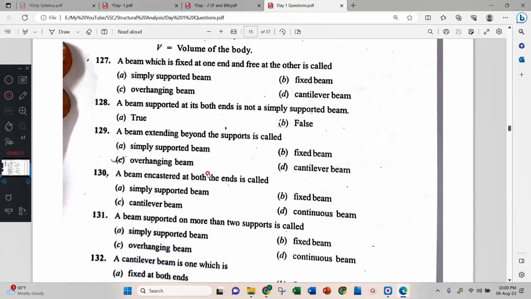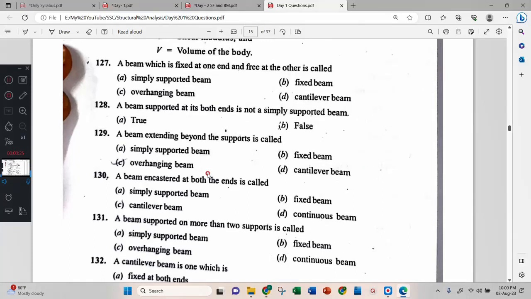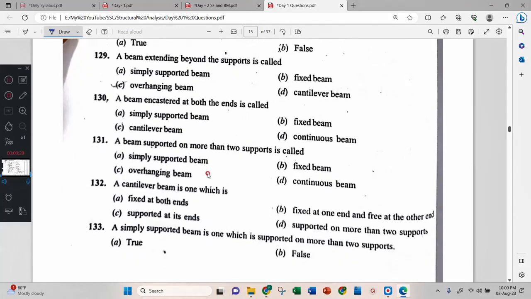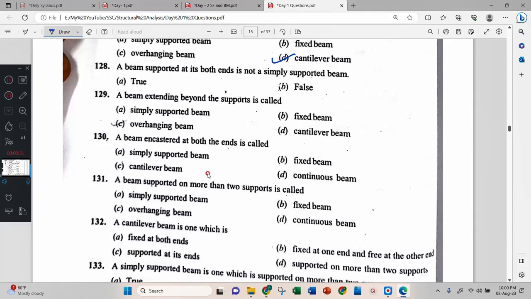A beam which is fixed at one end and free at the other end is called a cantilever beam. A beam supported at both its ends is not a simply supported beam. Correct answer. A beam extending beyond the support is called an overhanging beam.